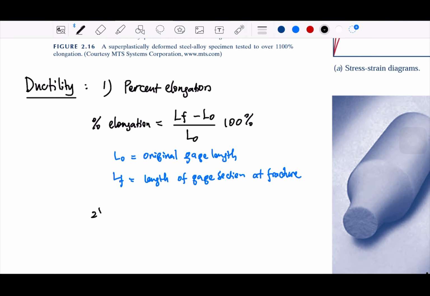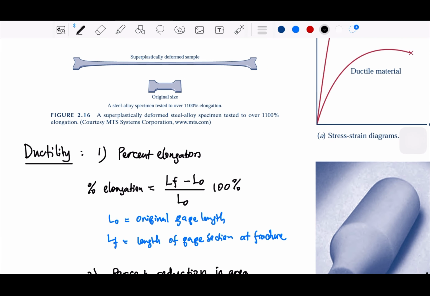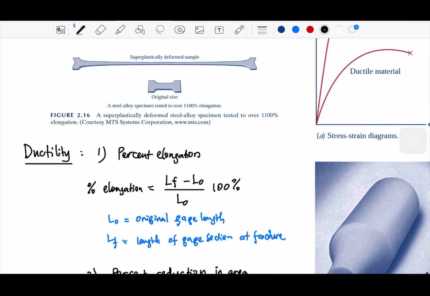The second method is the percent reduction in area, to be precise. So we are computing the cross sections. How do we think about where this ductility comes from, and why you need to take the elongation or the area?